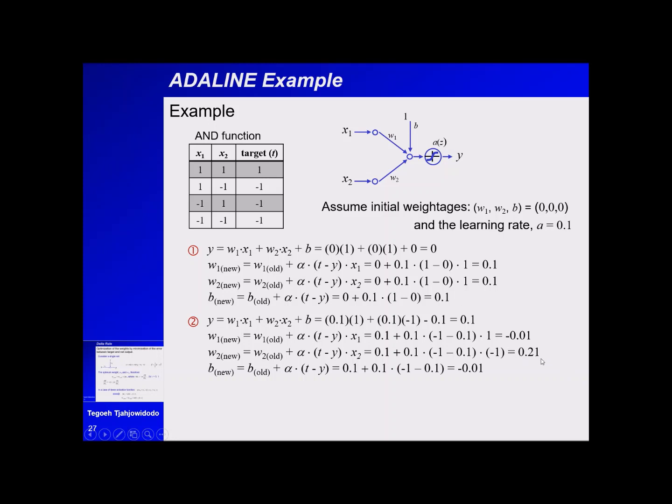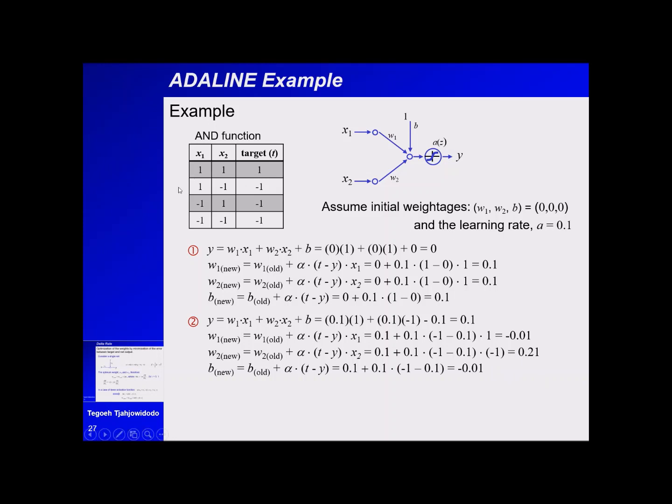It's equal to 0.21. And then I do the same thing for updating the B, and the result will be 0 minus 0.01. So the current weightages of W1, W2, and B now are equal to negative 0.01, 0.21, and negative 0.01 respectively.